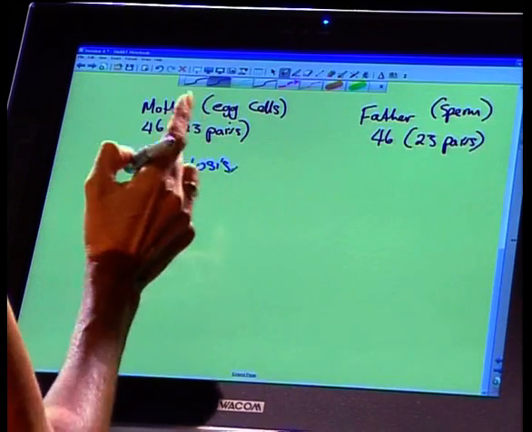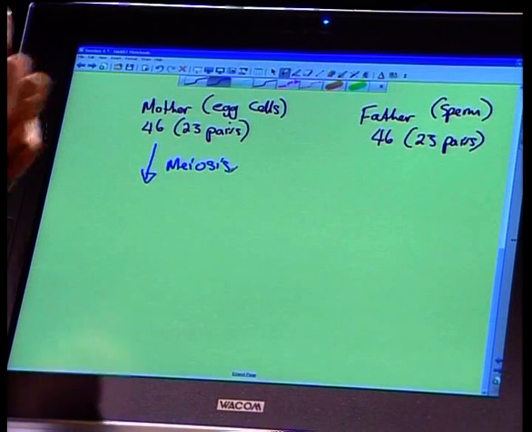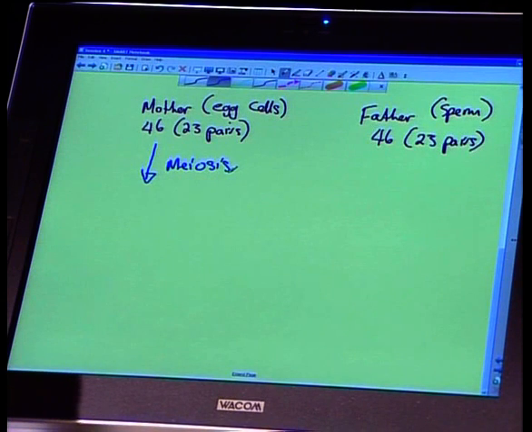So in the mother's body, we're going to have meiosis taking place in the sex parts of the body. In the female, it would be in the ovaries, or if it was a plant, in the ovary of the flower. In the male, we would have it in the testes of animals and humans. And in the plant, we would have it happening on the stamens.